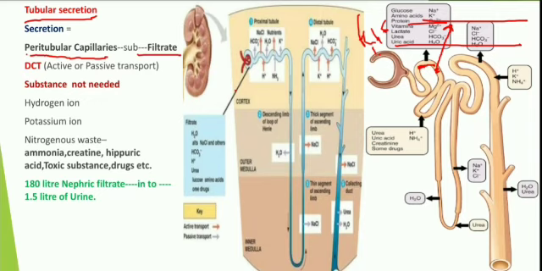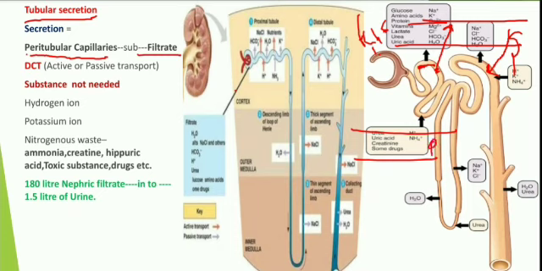That is reabsorption. What is secretion? If a substance moves from the peritubular capillaries to the renal tube, that is secretion. Now, these are all secretions, and this is the peritubular capillaries.